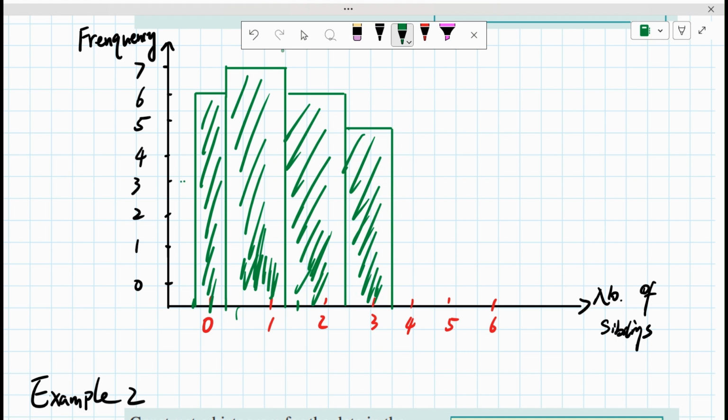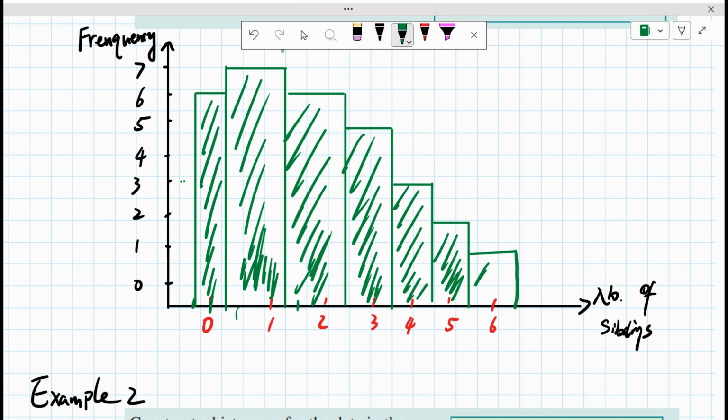Just make sure you all have a ruler. Then 5 will be 2, and 6 will be 1. That's all the frequency, and that's what the histogram looks like.